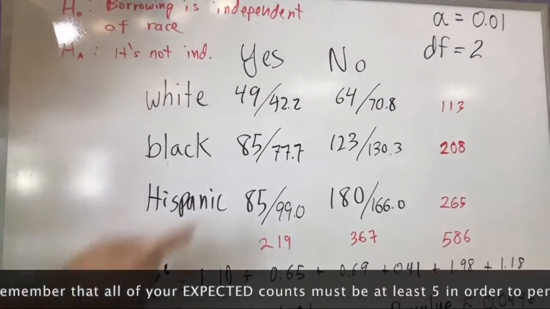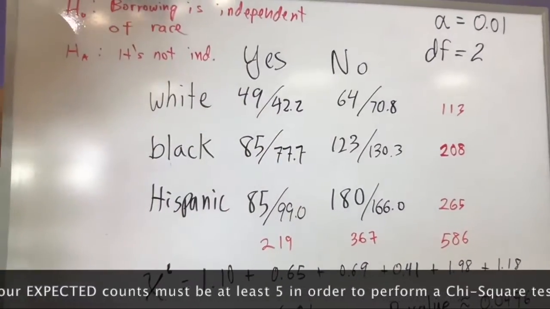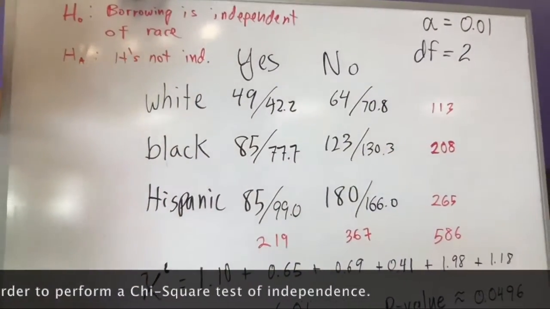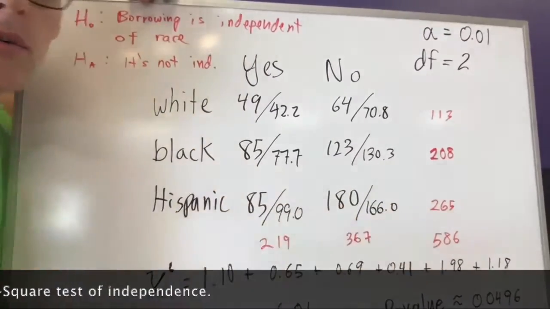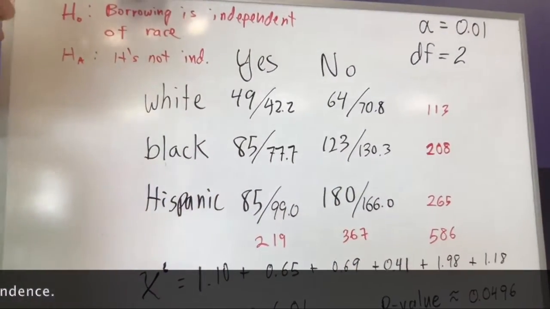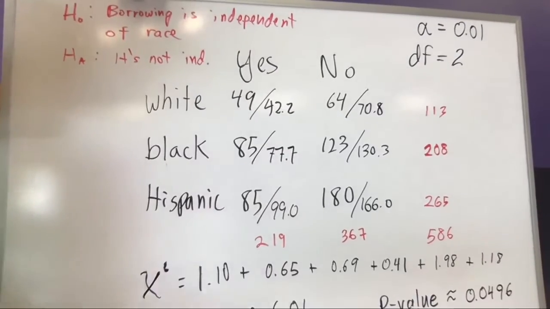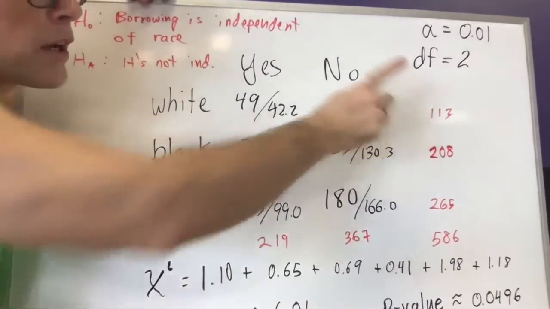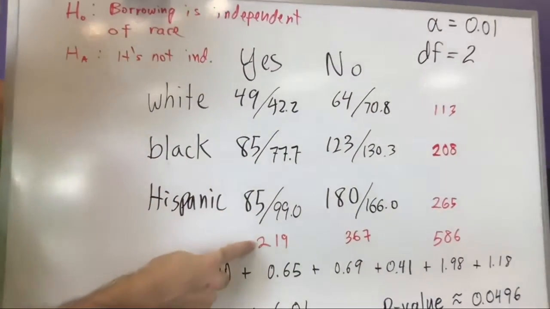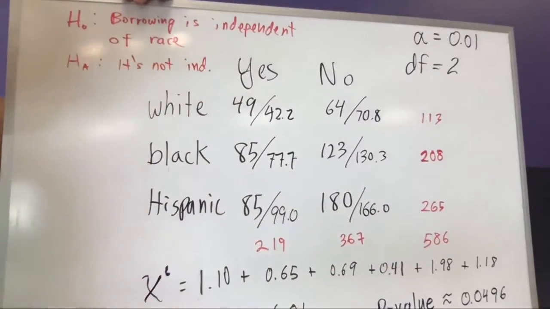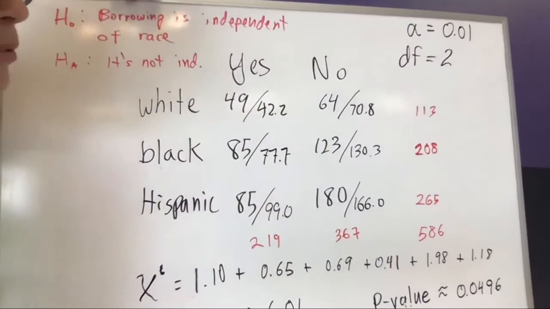Now, in order to find the expected counts, if you were doing that by hand, remember that you need the totals for the columns and the rows, and then what I call our grand total right here. Okay, to find the expected count for this first cell, I would take this total, 113, times 219, and divide it by 586, and that should give you about 42.2.